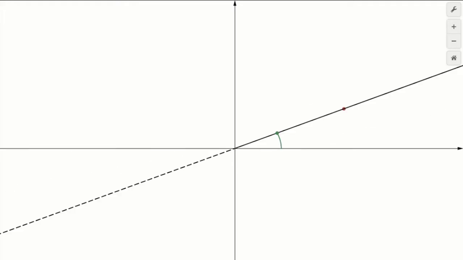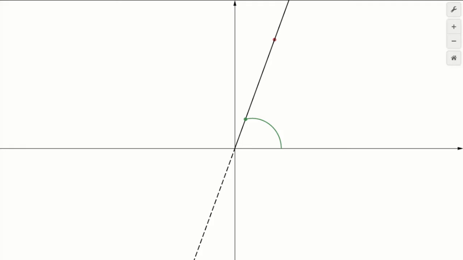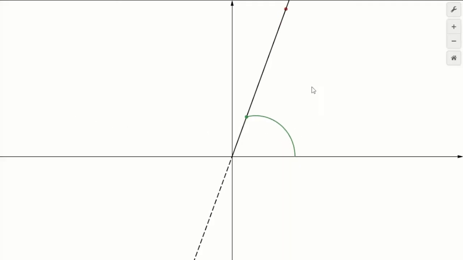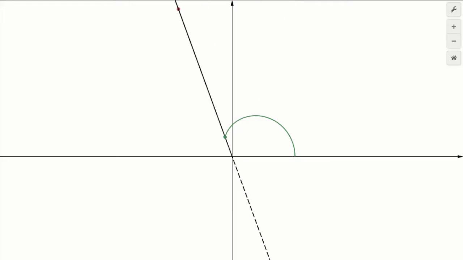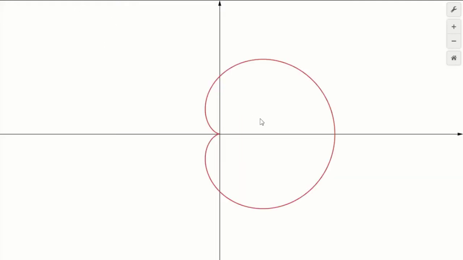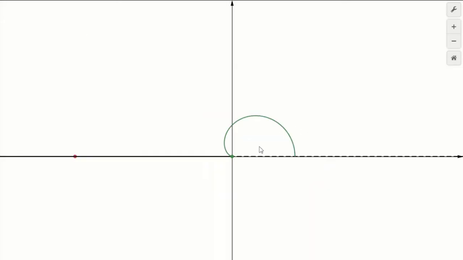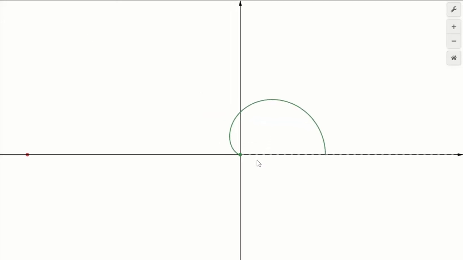Then as we rotate the angle in a positive direction, you see how we start having different radii, so the radius keeps changing its value. Now I'm about to complete my 180 degree turn, a rotation of pi, and we've had about half of that complete loop. Then I realized I didn't zoom in close enough.